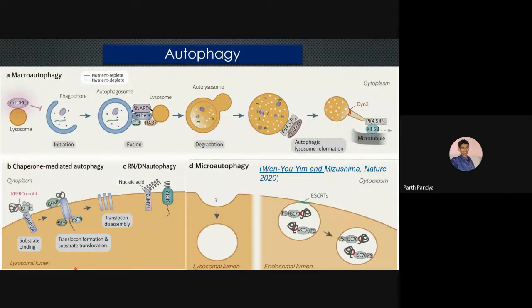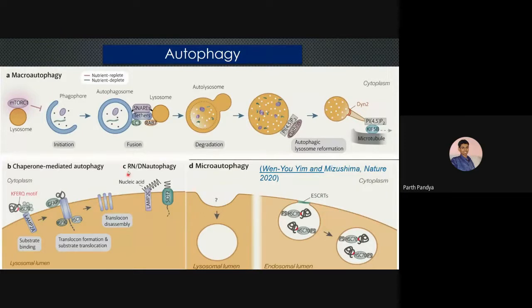So chaperone binding to this and identifying that particular motif, eventually that motif will go inside the lysosomal lumen, and then it will be translocated, and then it will be cleaved off. These are for the small macromolecules, and that is being driven with the help of chaperones, that is HSP90 and HSC70 and so on. Okay, and again the translocon disassembly happens, so that excessive other molecules are not taken inside for degradation.